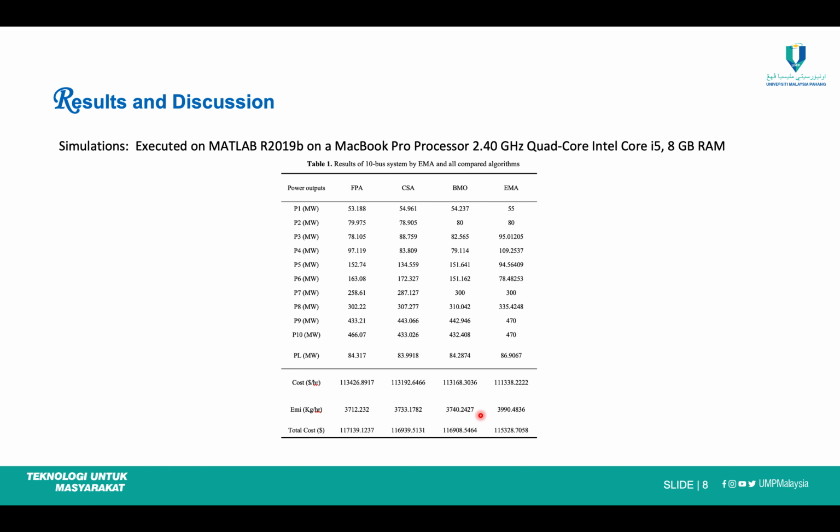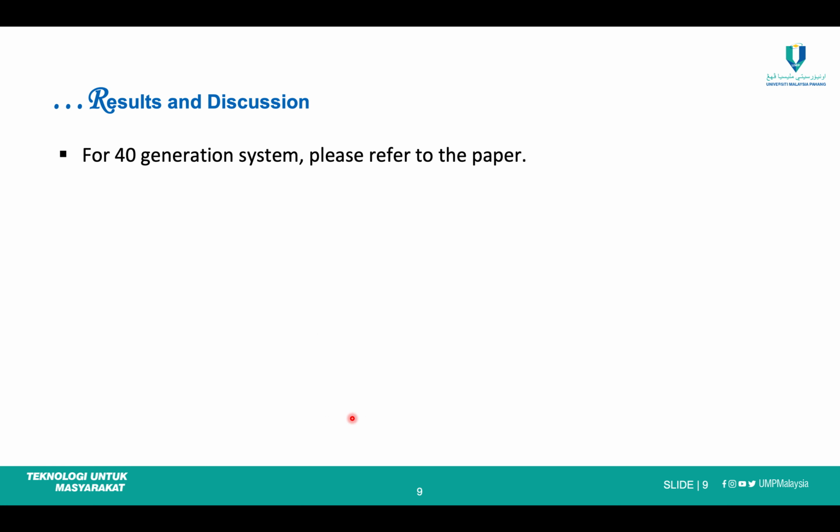As we can see here, the cost of generation obtained by EMA is the minimum compared to the others, but there is a trade-off in terms of the emission. However, when we transform the emission into generation cost, the total cost is still the minimum compared to the others.